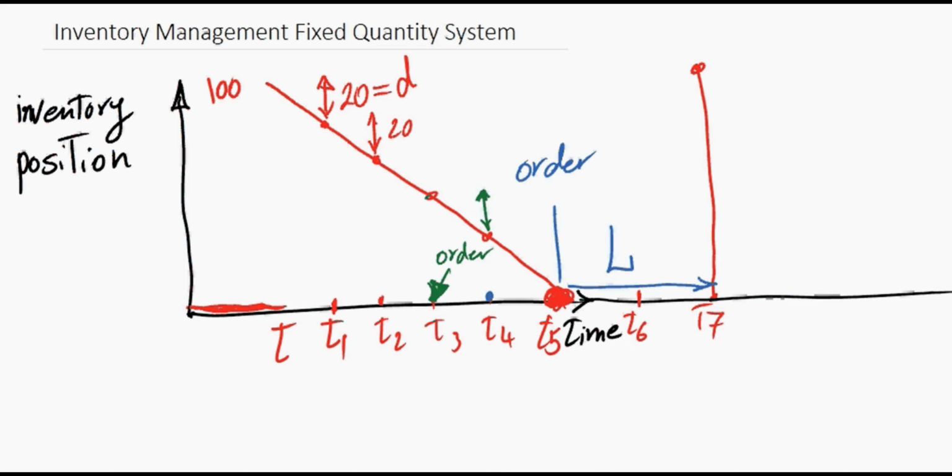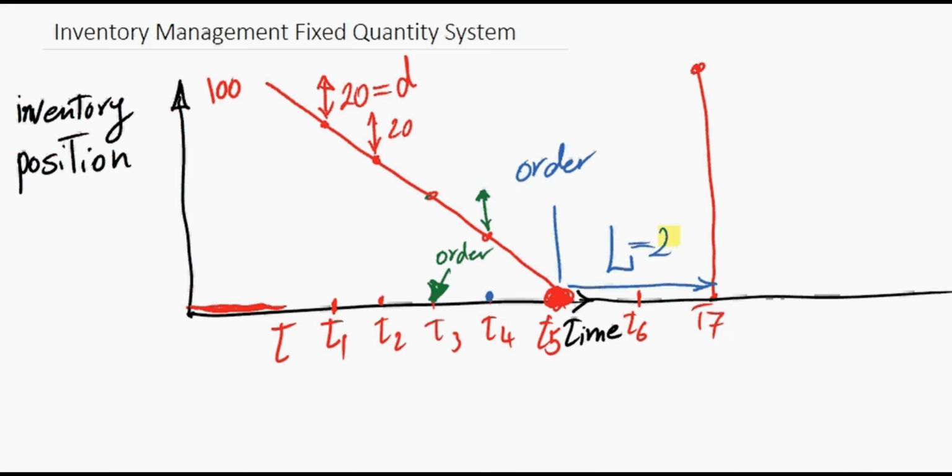A way that is commonly used to fix the problem is that we think of, okay, let's assume that the lead time is 2 days.